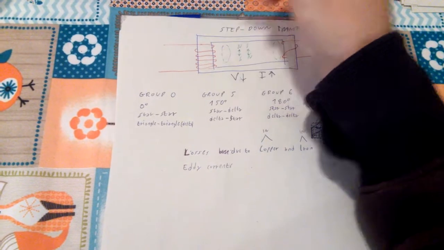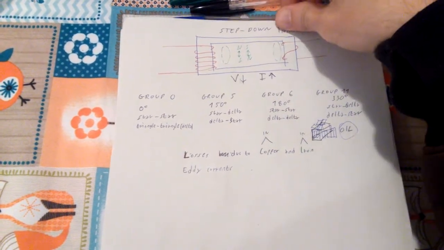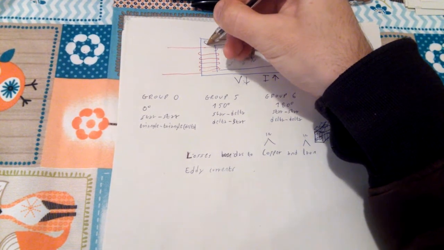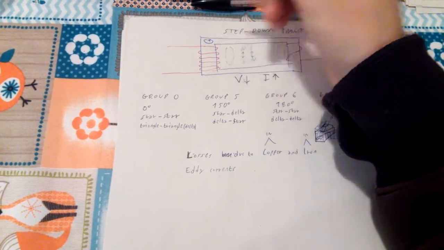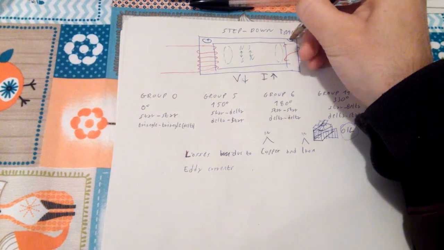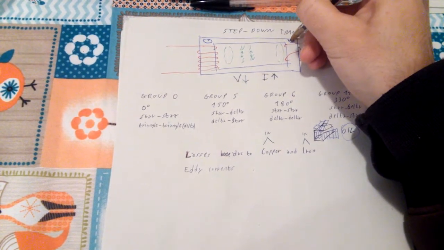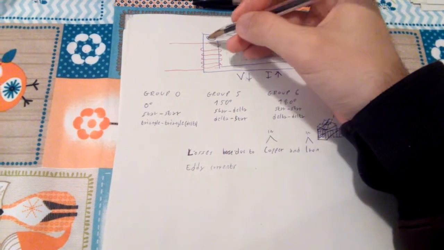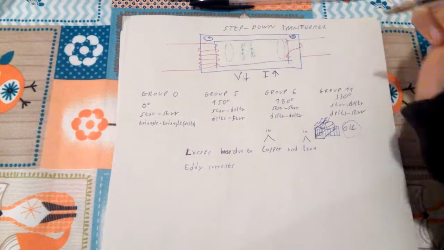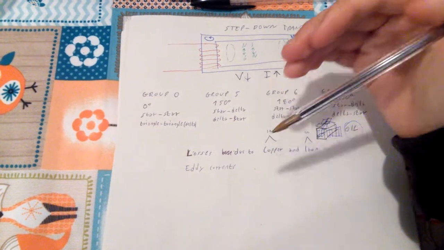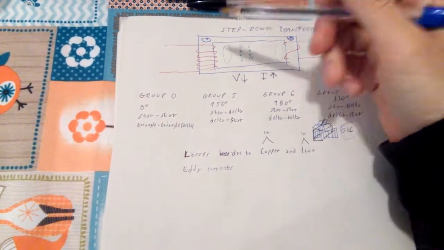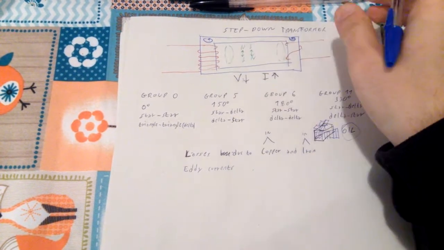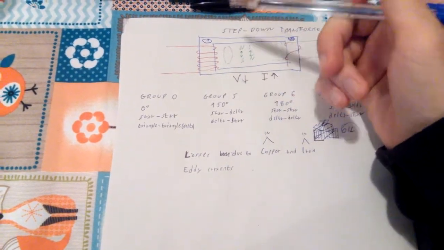Here, I'm just going to draw at the top. I'm going to use this color. We're going to have currents that are not intended to be there, but they're still going to be generated because of the flow of current, or because of the magnetic field.